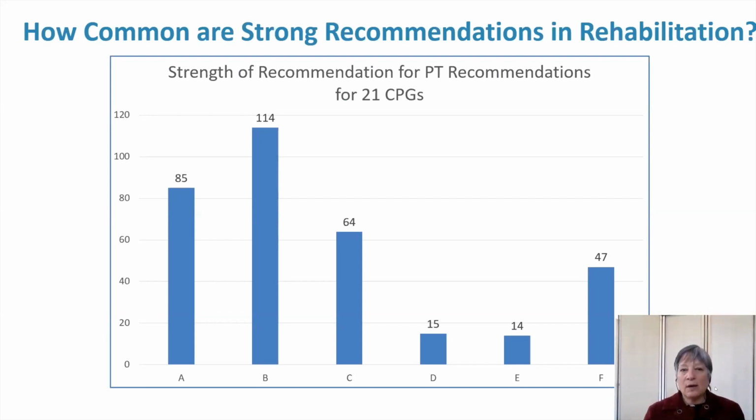And so my takeaway from this is that we have a really strong foundation in existing clinical practice guidelines. I'm generalizing to rehabilitation now, but based on physical therapy, from which to look at whether there are practice gaps, whether there are quality improvement opportunities. And I think that our existing clinical practice guidelines provide a really strong starting point for implementation research initiatives.